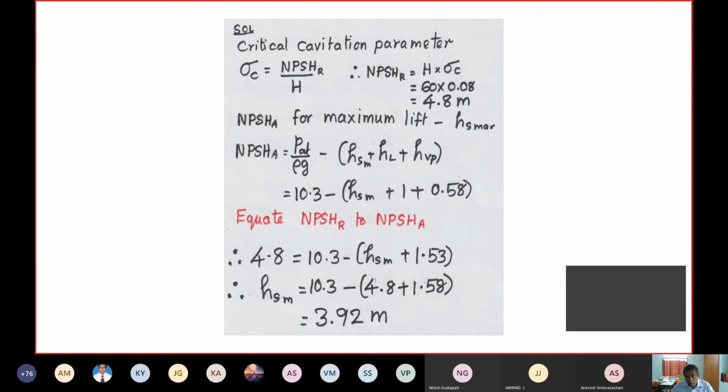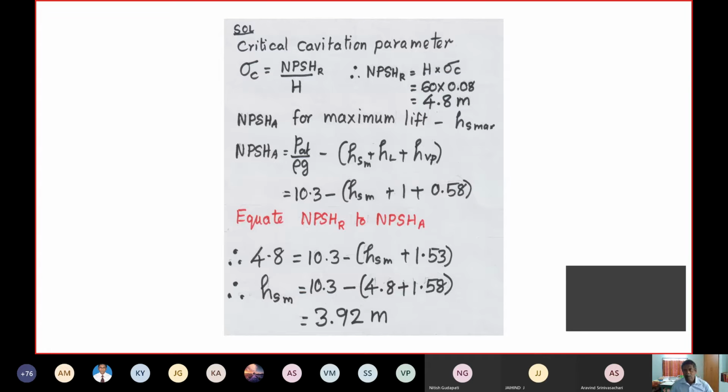Head loss is 1 meter, H vapor pressure is 0.58. Now you can equate these two. The required one calculated from the critical cavitation parameter, which is 4.8 meters, is equated to the NPSH available. You have the simple equation. If you solve, you get HS maximum equal to 10.3 minus 4.8 minus 1.58. So you get 3.92 meters.